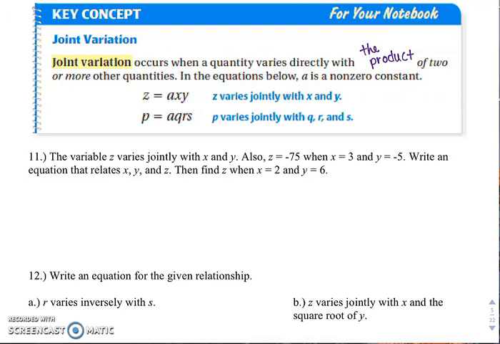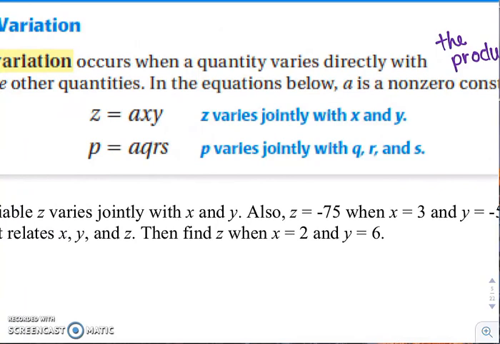So it gives you two examples. Z varies jointly with x and y. So z varies, that word varies is kind of your cue that it's going to be z equals. So z varies jointly with x and y. The a value is always there with x and y.